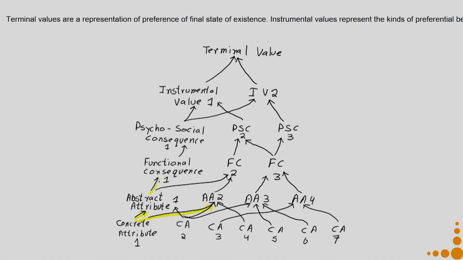Similarly, each abstract attribute will be connected to one or more of the functional consequences. Those will be connected to one or more psychosocial consequences. These should be connected to instrumental values, and which finally connect to the terminal value. You always have one terminal value. Do not try to have too many terminal values for the PSS, then your PSS lacks focus.